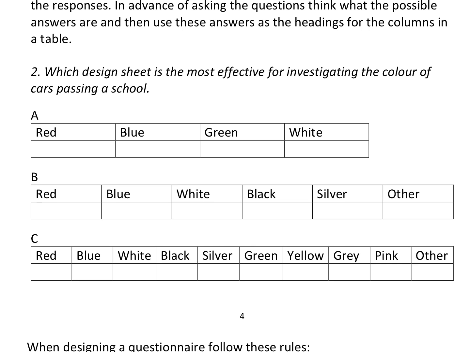The answer to that there would be B. If you saw coming past a colour that wasn't red, blue, green or white, you have no option to record it in the table. If you pick C, there's probably too many options there, not for recording purposes, but more for when you try to process and maybe represent that.